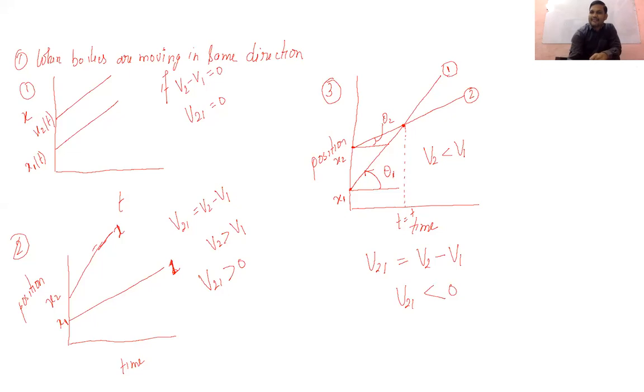At that time, the relative distance will become 0. So you can see it like this: if you say this x2 at a time t minus x1 at time t will be 0.